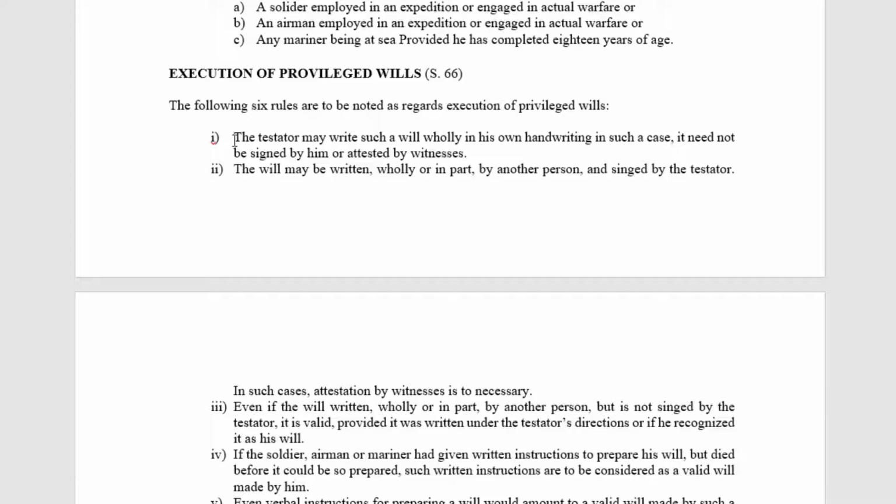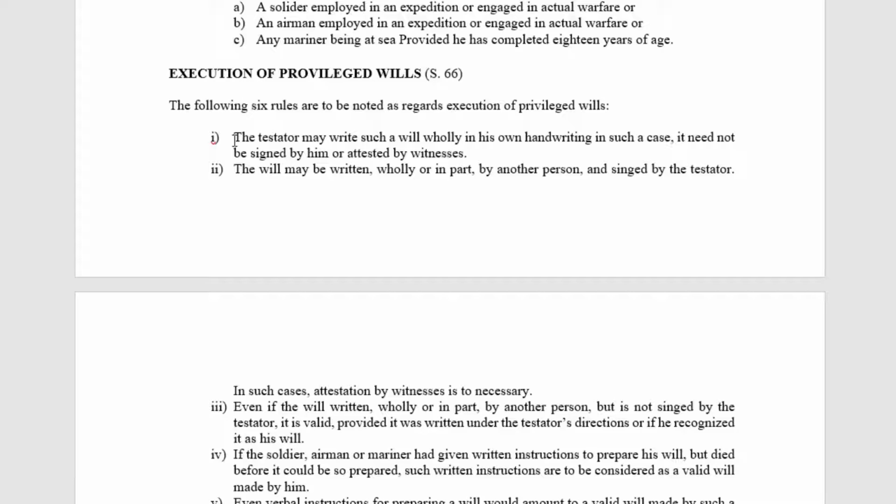When he writes the privileged will in his own handwriting, there is no requirement of his signature or of attesting witnesses. That's why it can be called the privileged will.